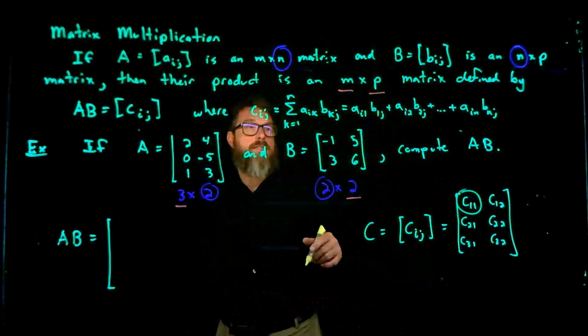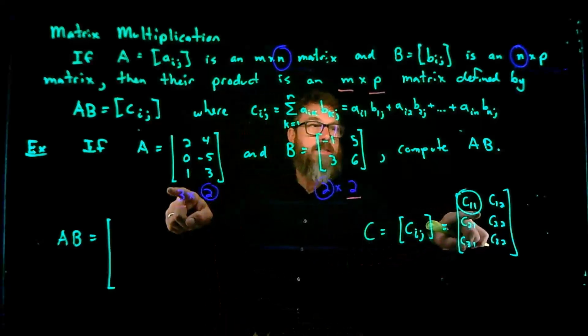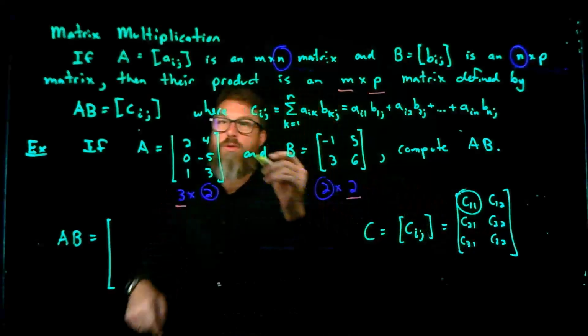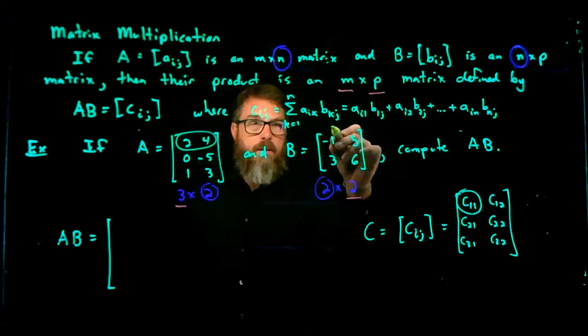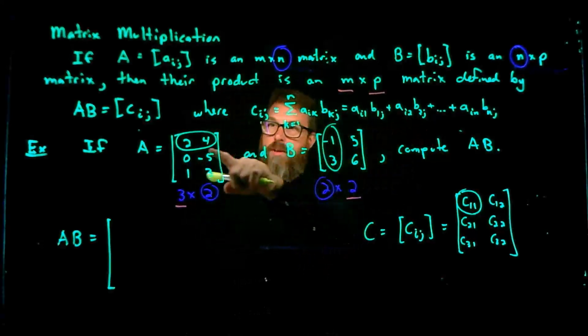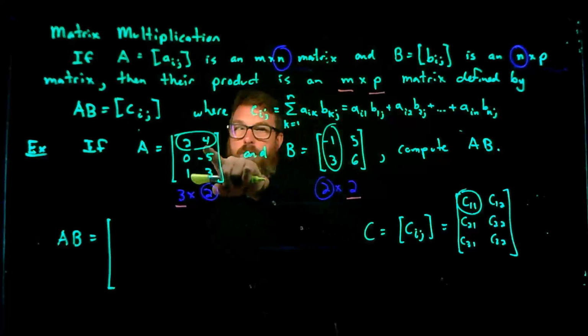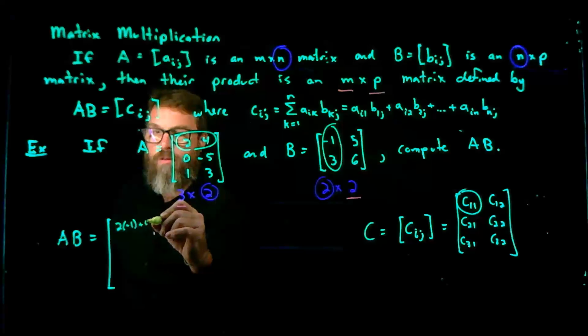Well, what it says is I have to multiply the first row of matrix A by the first column of matrix B. So I have to multiply this row here by this column. What I mean by that is this linear combination of 2 times negative 1 plus 4 times 3. So this is going to be equal to 2 times negative 1 plus 4 times 3.